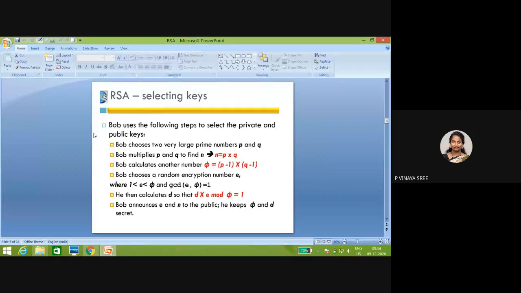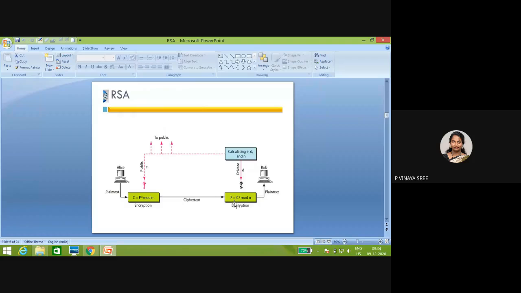So first step is what? Does everything have to be done by Bob or by Alice?